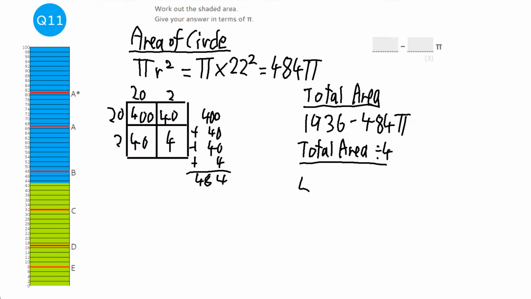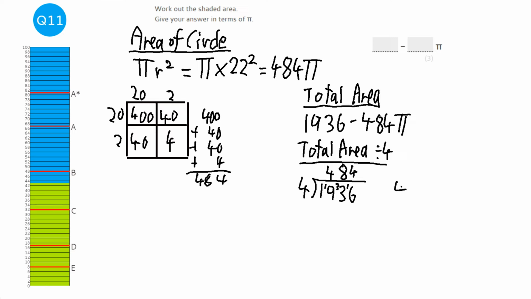So I'm going to do long division for this. So we want to divide the 1936 by 4. 4's go into 1, they don't go into 1 at all, so carry the 1. 4's into 19, well I know 4 times 4 is 16, so that's going to be 4. And that's going to have 3 left over. 4's into 33, I know 4 times 8 is 32. And 4's into 16 go 4.